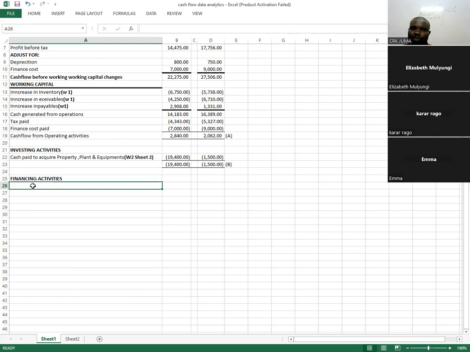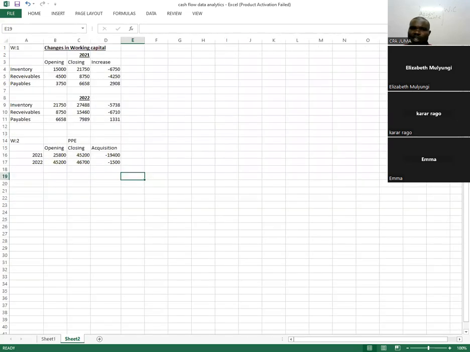that PPE we need to revisit something, because the depreciation element was there. Actually, I've not factored for depreciation. It's not something serious. Let's just check PPE. We opened in 2020 with 25,800.